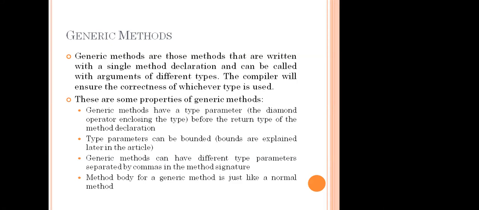Type parameters can be bounded. Yes. So we use not only a single parameter; in the previous example, we have a key and a value also. Bounded types will be explained in a later article. Then generic methods can have different types of parameters separated by commas in the method signature. The method body for generic methods is just like in a normal method.